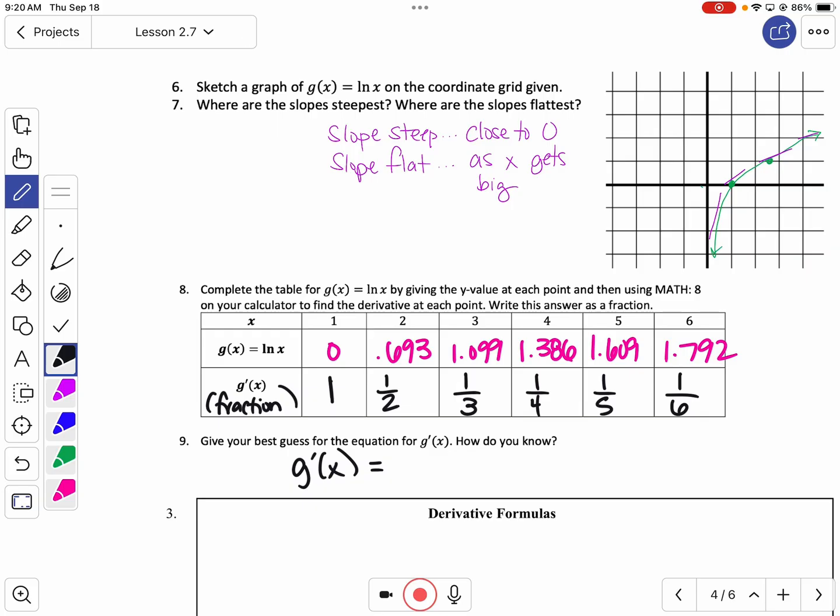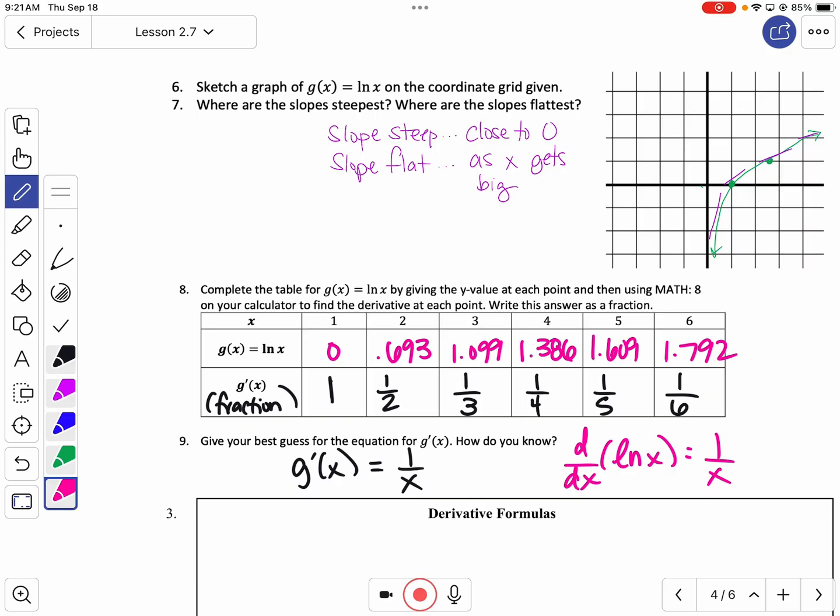So 1 over x. The derivative with respect to x of ln is 1 over x. It's the reciprocal of that x value. All of that comes from just looking at the slopes and what the function does. A lot of times, not always, we can build those next derivative formulas from things we already know.